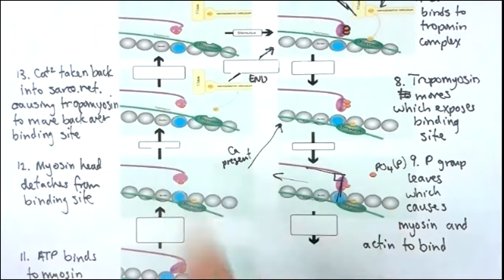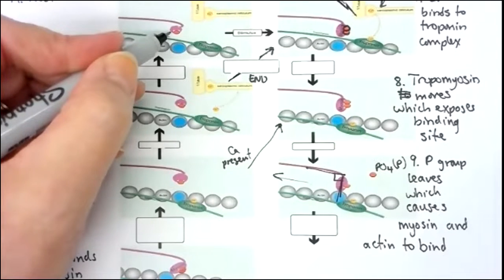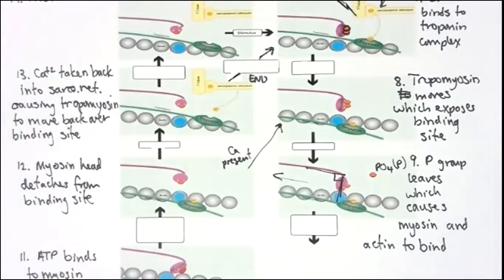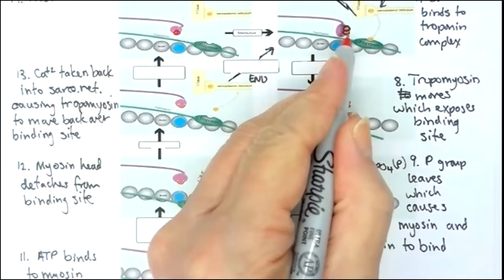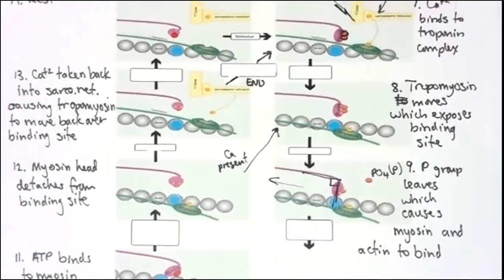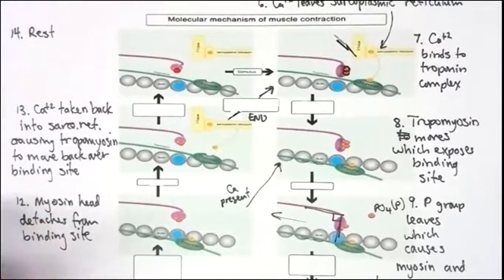So now here at step number 14, the muscle fiber is at rest in a sense, but you'll notice I don't have that 90-degree angle. Well, how do we get that? This is an ATP, but over here when I started, I had an ADP and a P. So to get that, the ATP will split into ADP and phosphate.